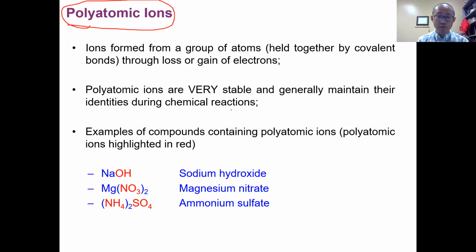NH4 and SO4, ammonium and sulfate, are polyatomic ions. NH4 is a polyatomic ion made by N and H4. SO4 is a polyatomic ion made by S and O4.